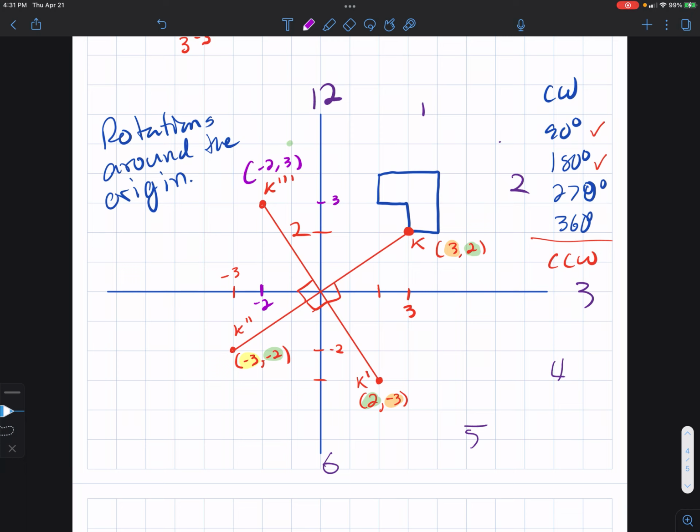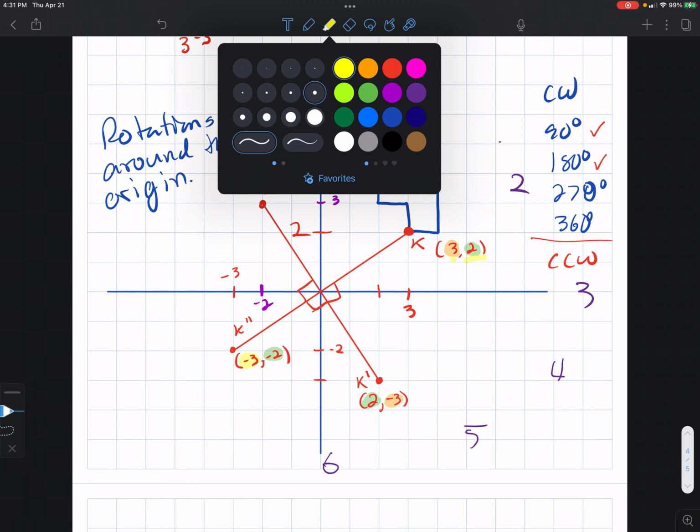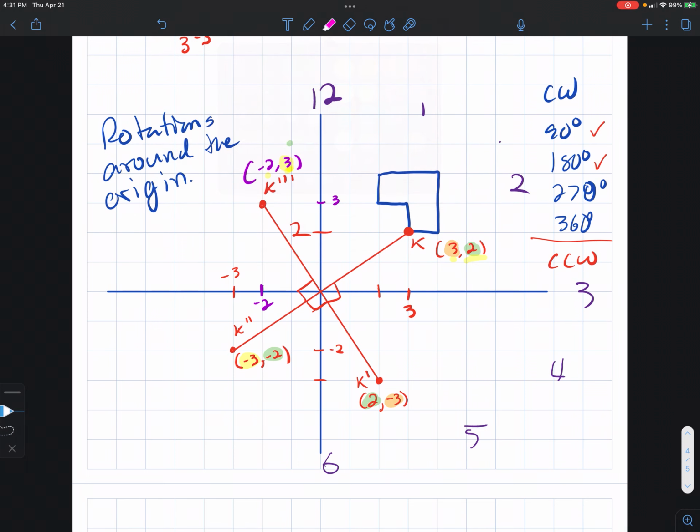So notice we have kept the 2 and the 3, but the signs have just changed or switched order. Compare this to our original. We see the 3 now is in the Y spot, and the 2 is now in the X spot. But if we compare this point to, let's say, over here at K prime, this is a 180-degree turn.